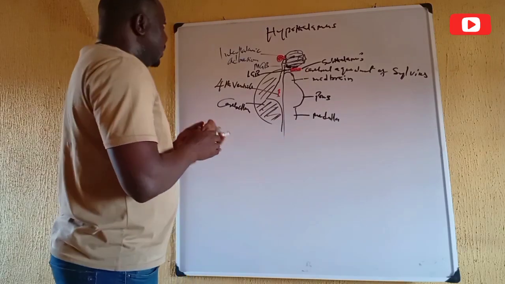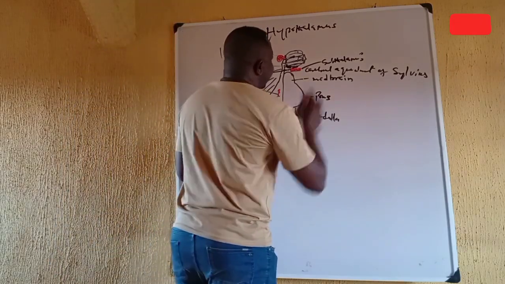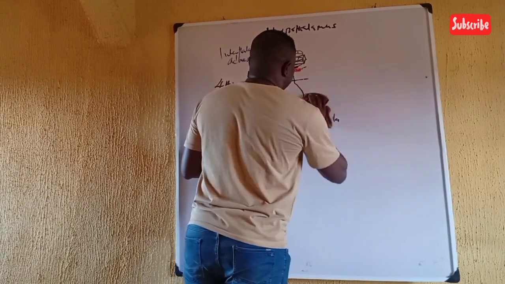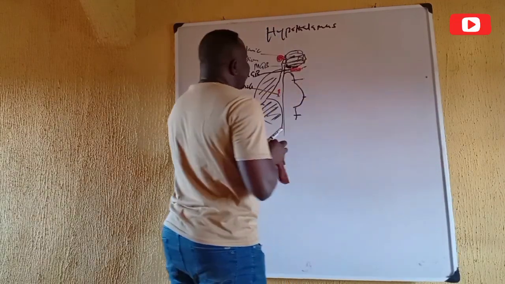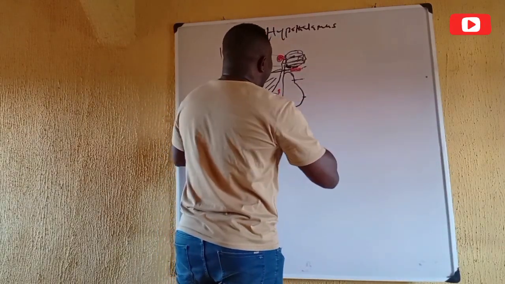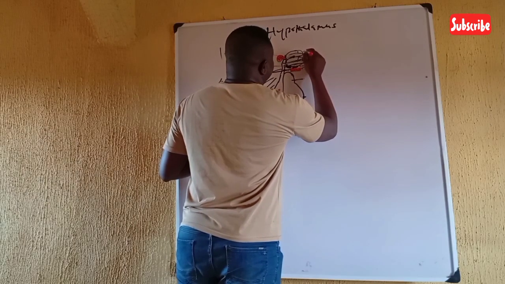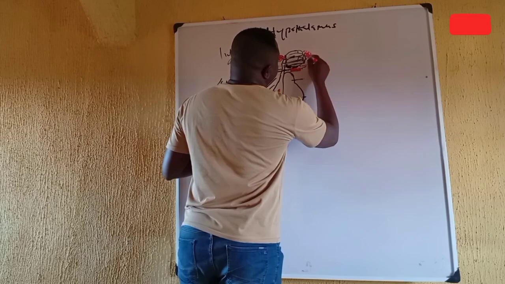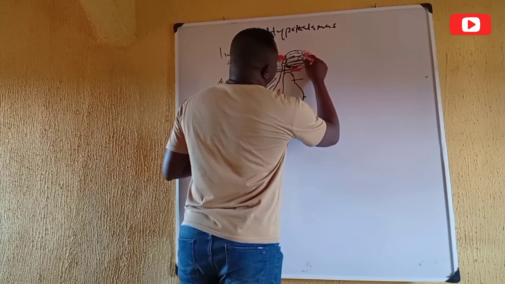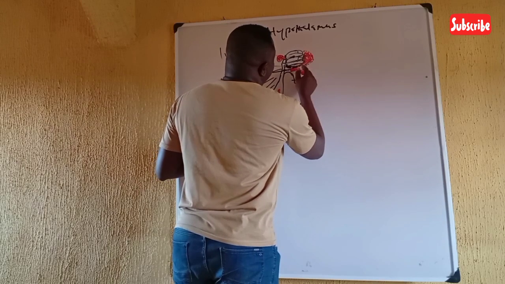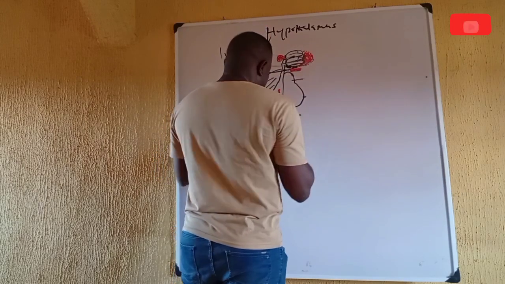Then, in front of the third ventricle, we have the hypothalamus. This area is known as our hypothalamus. It lies anterior to the third ventricle, and it lies anterior and inferior to the thalamus.